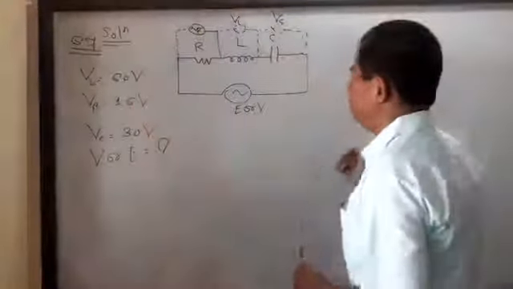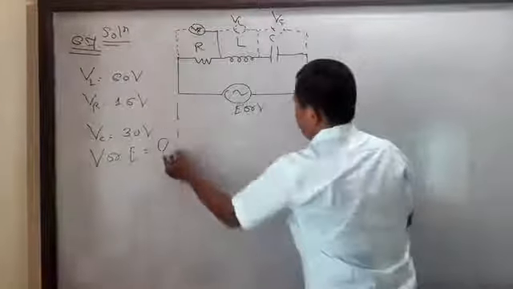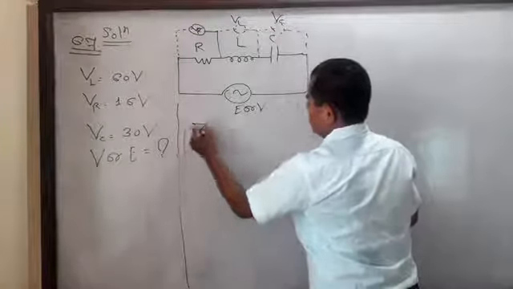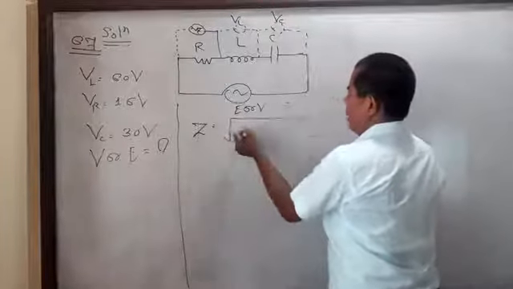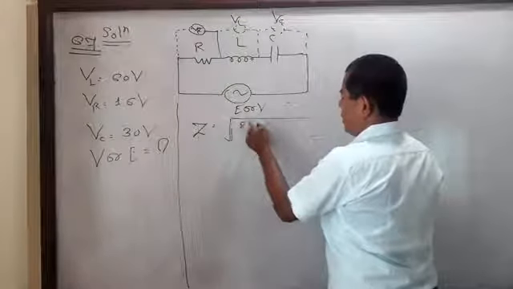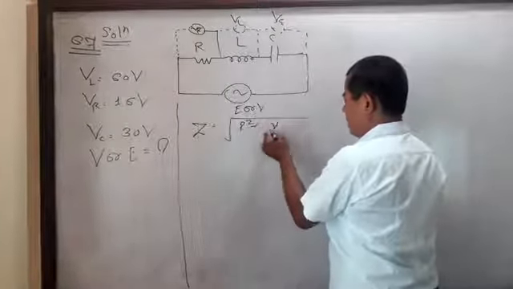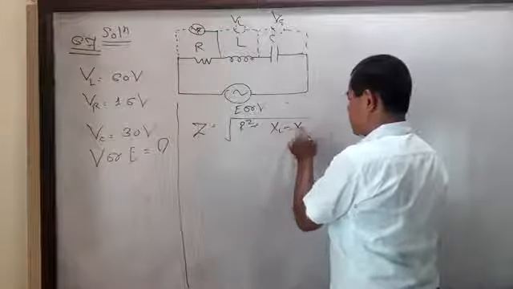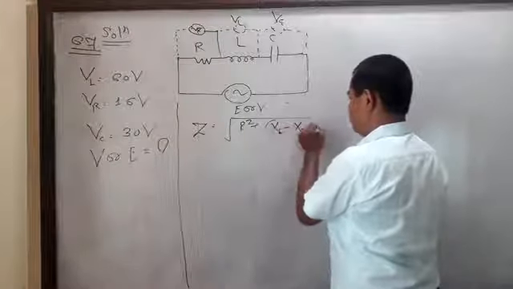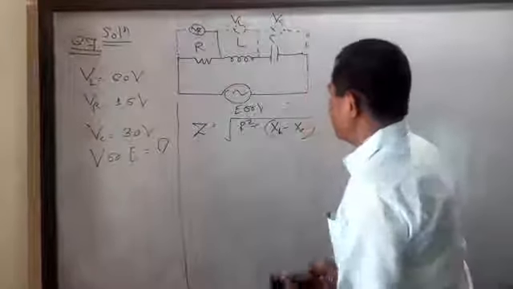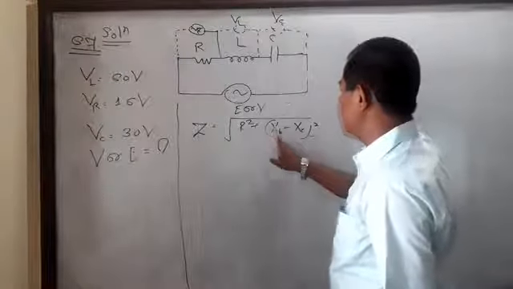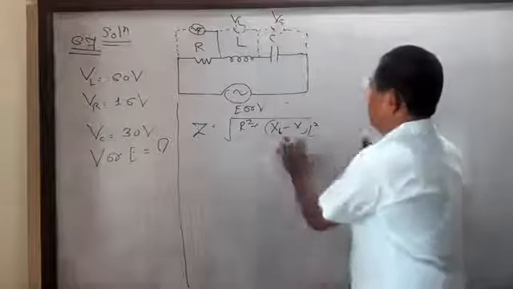Then listen. We know that Z is equal to root under R square plus (XL minus XC) whole square. This is the first part.